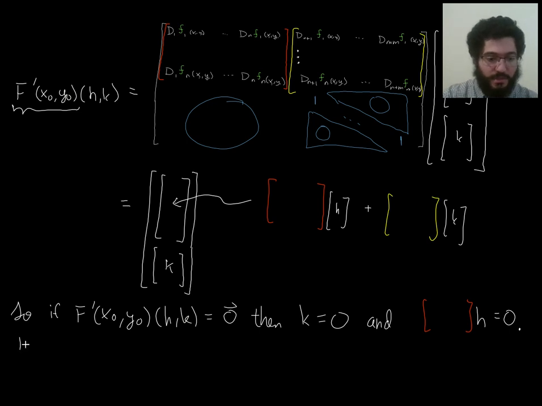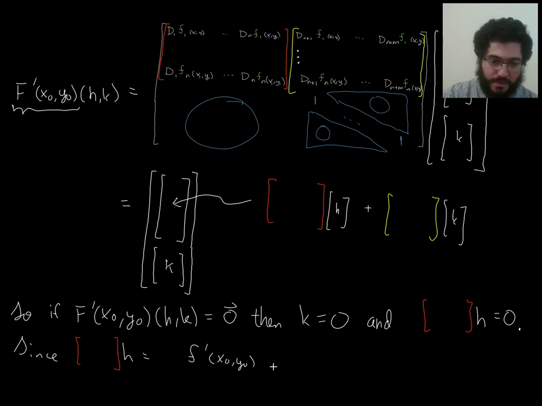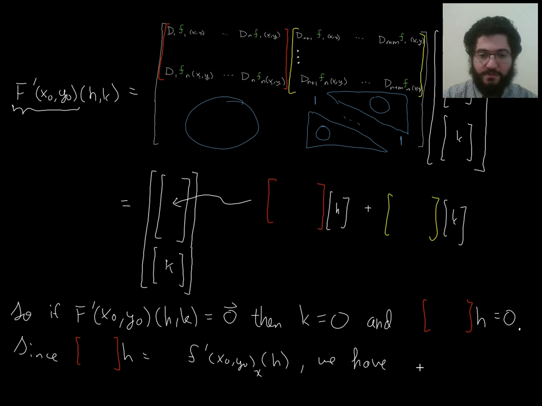Since the red matrix applied to h is actually the linear map f prime x naught y naught, subscript x, applied to h, we have h equals 0.